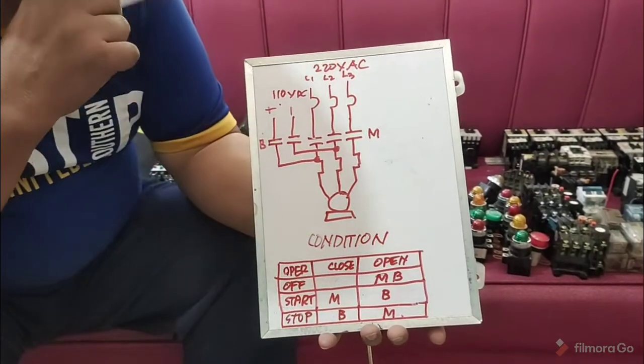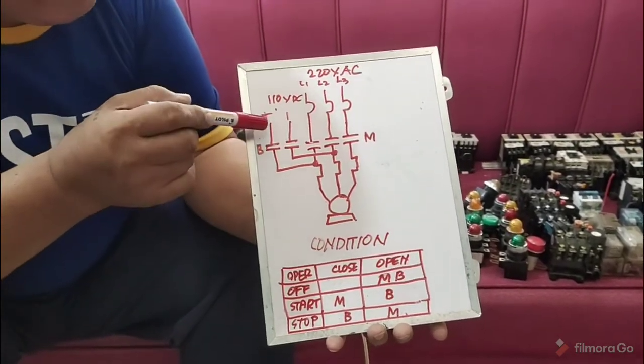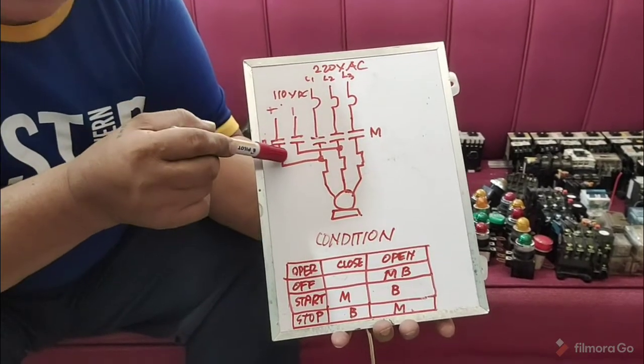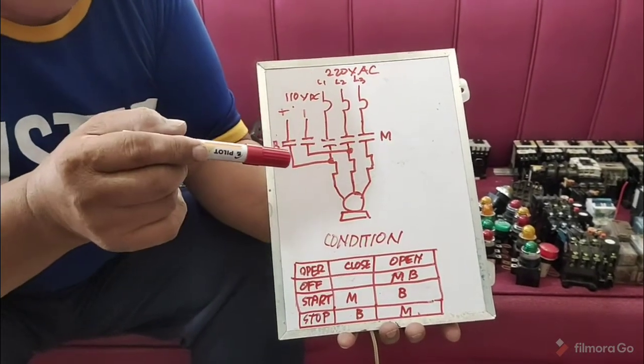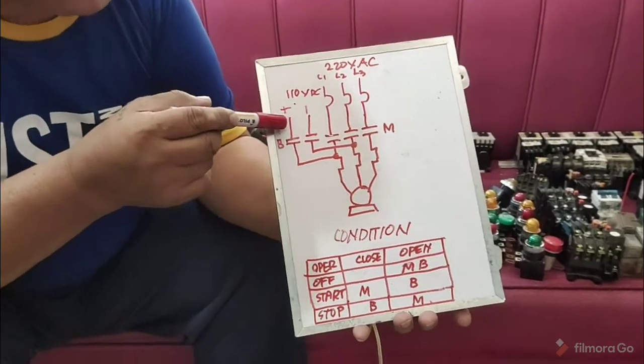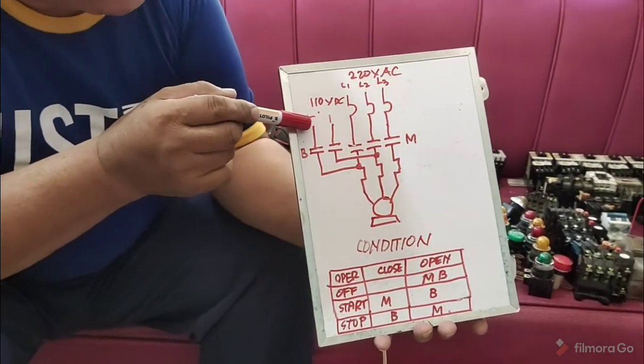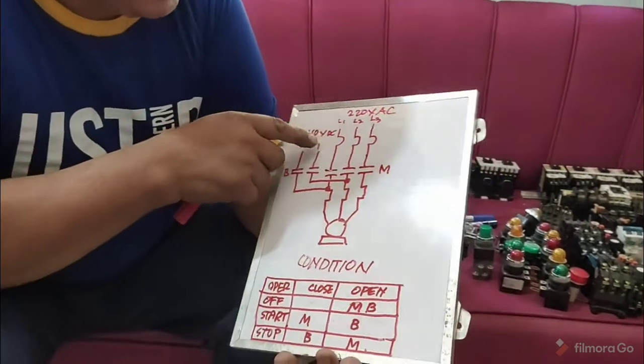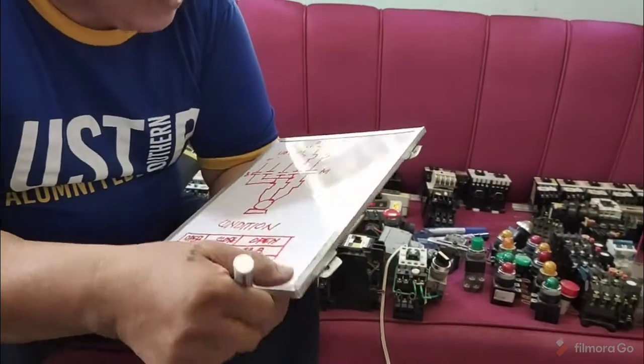Then, as I told you, we will be using two sources, AC and DC. Since this is DC, we need to identify the positive and the negative.